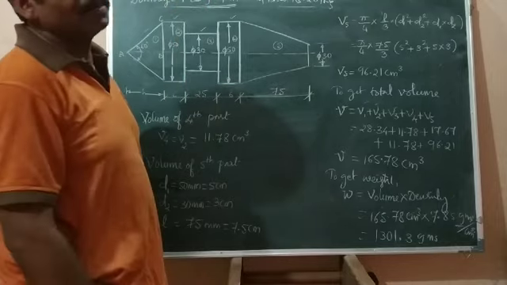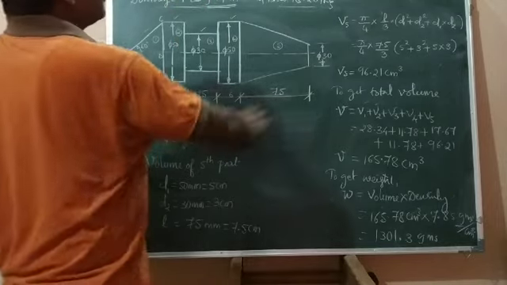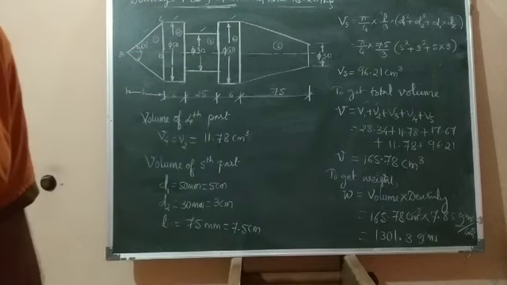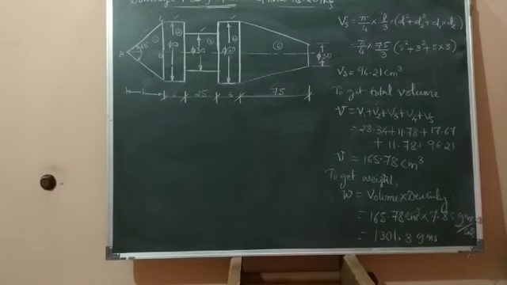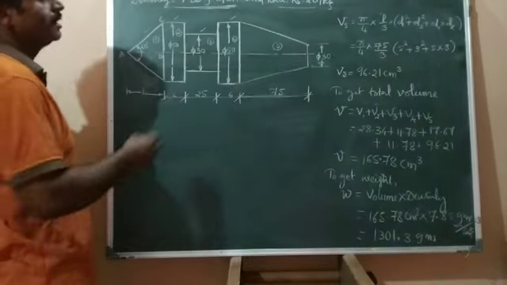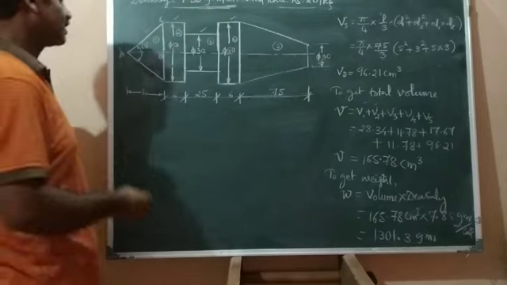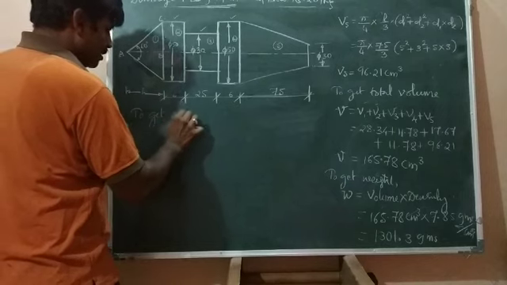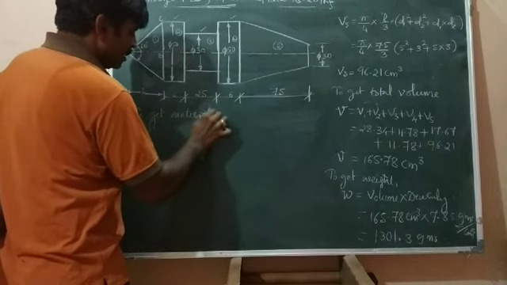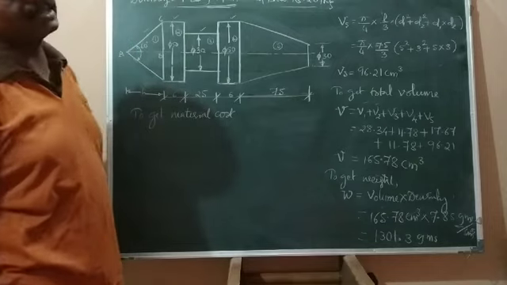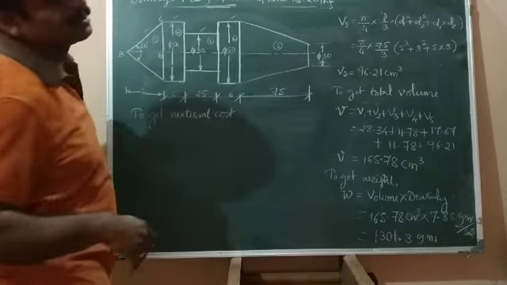So we need to multiply with rate to get the material cost of this particular object. Okay. So just we obtained the weight of the material. So how to get the material cost? According to procedure, we need to multiply the total weight by rate.